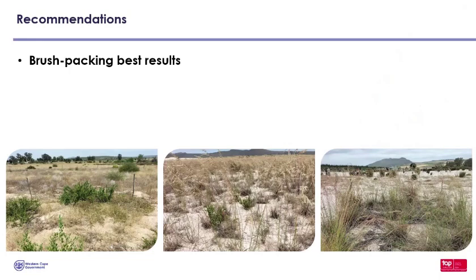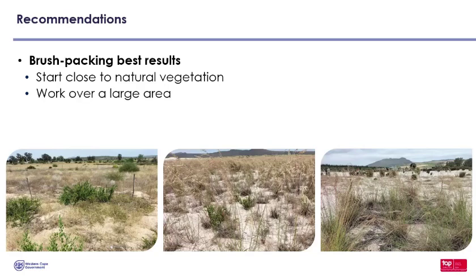We recommend that for brush packing or any other form of protection against wind erosion, one should start as close as possible to the natural vegetation that can act as the first line of defense against the wind and work over as large an area as possible. If the impact of the wind is under control, the plants will have a better chance of survival.